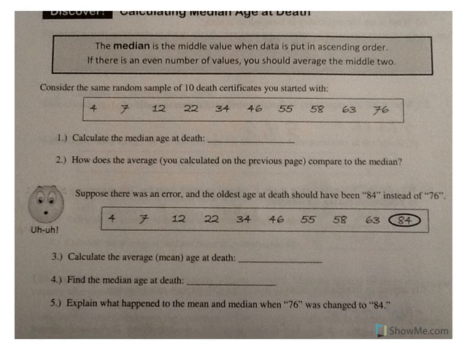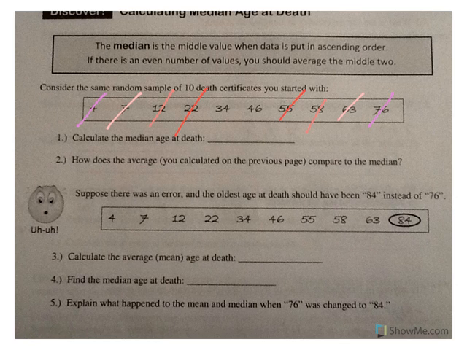So getting on to page 62, there you have the definition of median. They tell us this is the same 10 death ages that we talked about in the first video. So calculate the median age. There are a couple ways that you can do it, but notice first how the numbers are in order least to greatest. This is kind of how I go with it: I take one off each end and work my way in.